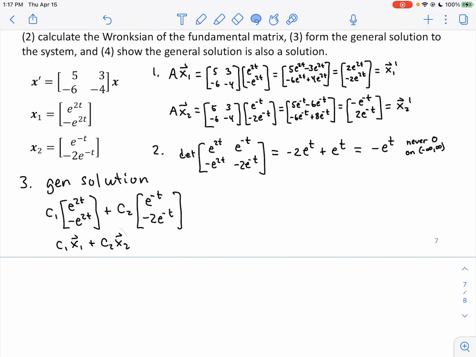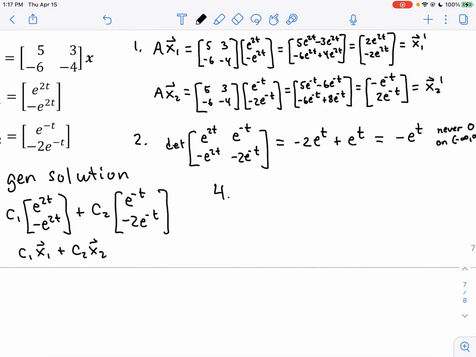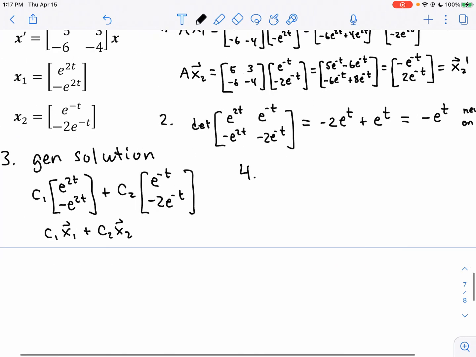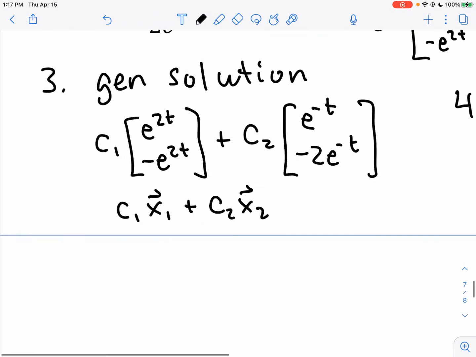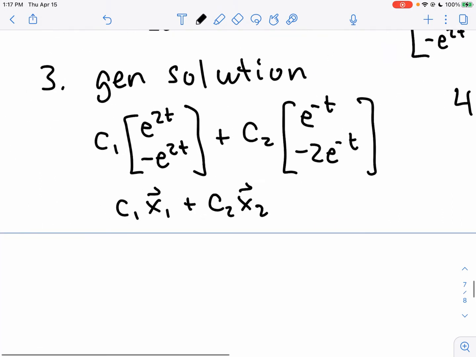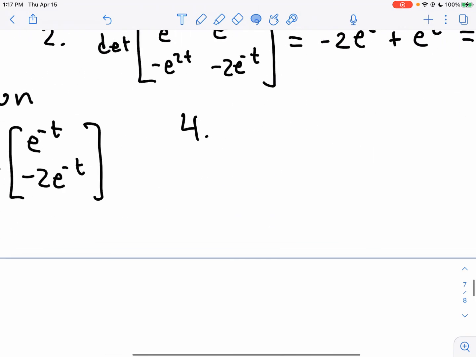Now we want to show that this is a solution to this system of ODEs. So for step 4, let's call this general solution just x vector. We're going to show that this, which we're calling just x vector, is also a solution.